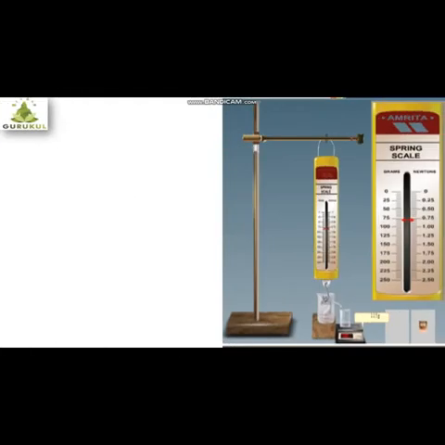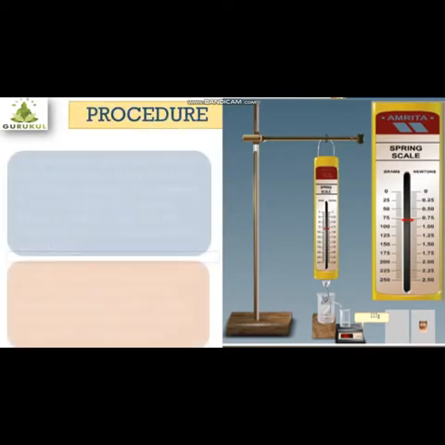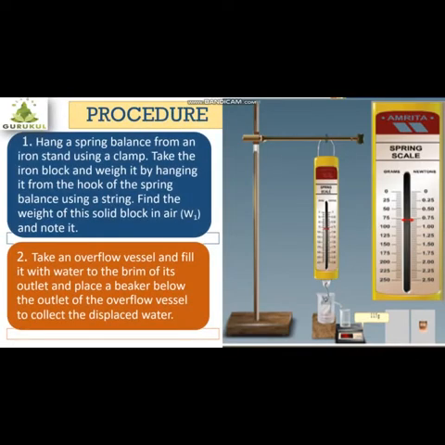Let us understand the procedure. First step. Hang a spring balance from an iron stand using a clamp. Take the iron block and weigh it by hanging it from the hook of the spring balance using a string.